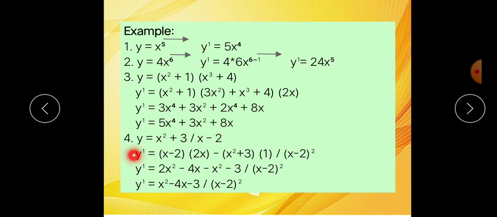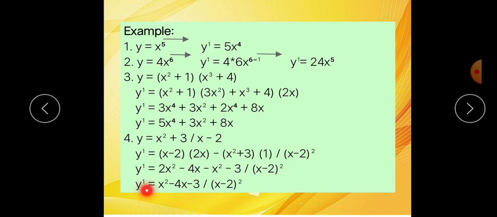The fourth example is y equals (x squared plus 3) divided by (x minus 2). So y prime equals (x minus 2) times 2x minus (x squared plus 3) times 1, divided by (x minus 2) squared, which equals 2x squared minus 4x minus x squared minus 3 divided by (x minus 2) squared.